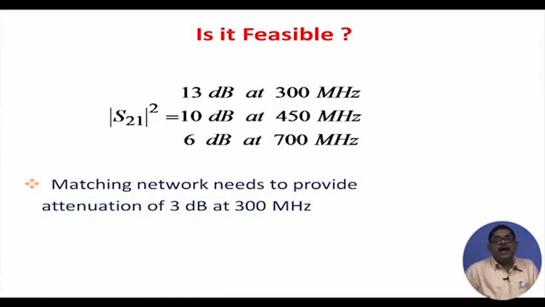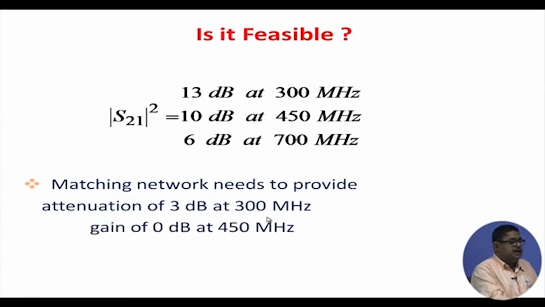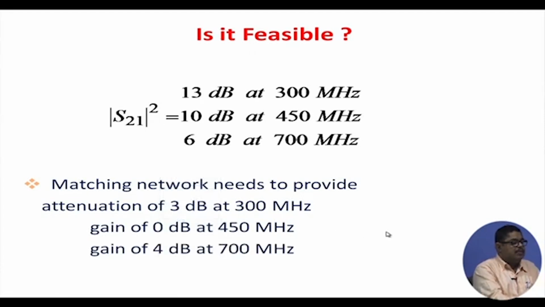So, I should have a matching network which should give me an attenuation of 3 dB. Similarly, at 450 megahertz it is okay, and at 6 dB we should squeeze from the matching networks, input and output both together, another 4 dB. So, the matching networks need to provide attenuation of 3 dB at 300 megahertz, gain of 0 dB at 450 megahertz and gain of 4 dB at 700 megahertz.